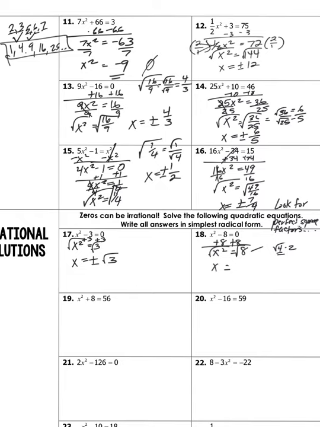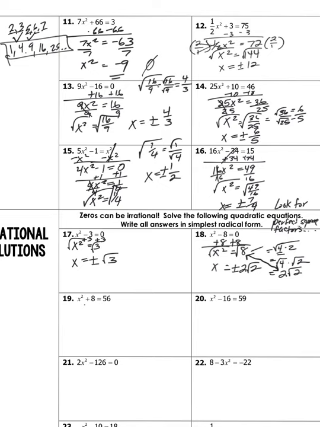So we can break the square root of 8 up into two parts: the square root of 4 times 2, or the square root of 4 times the square root of 2. And the square root of 4 is 2, so 2 times the square root of 2. The square root of 8 and 2 times the square root of 2 are identical answers. So this would be x equals plus or minus 2 times the square root of 2.